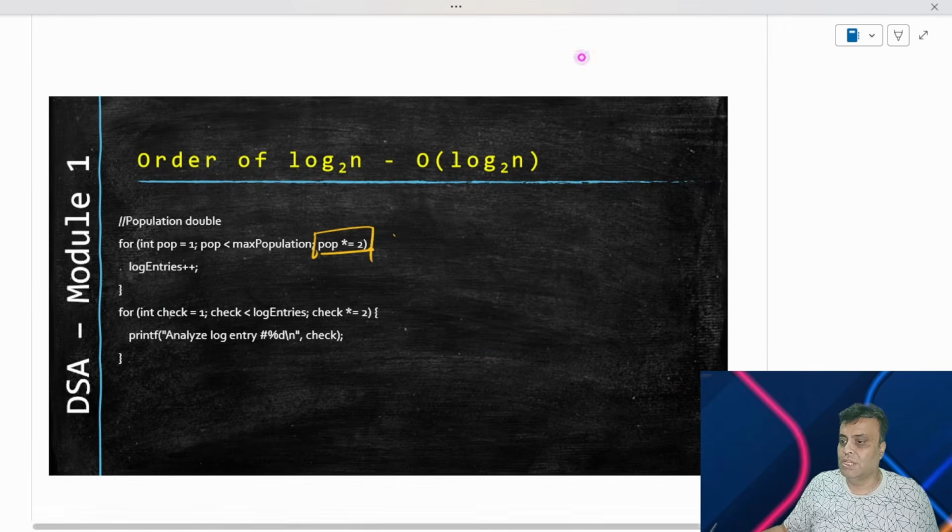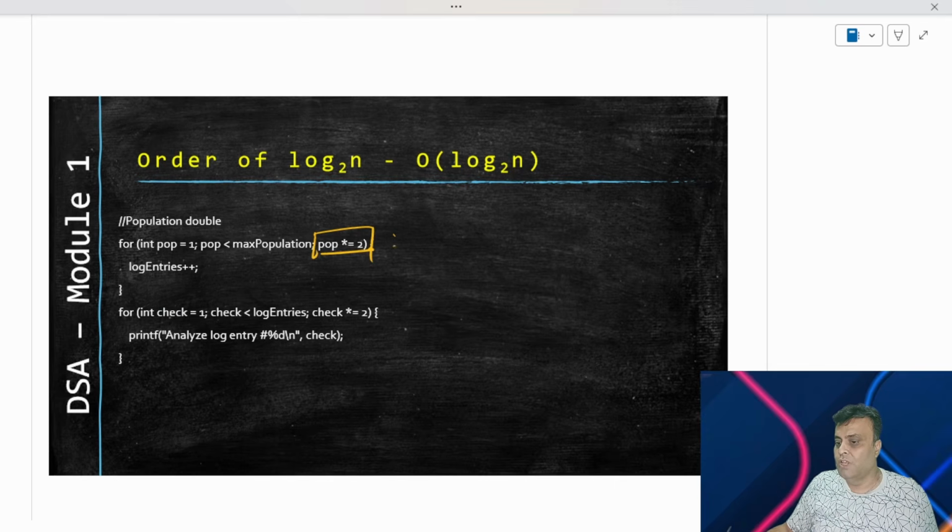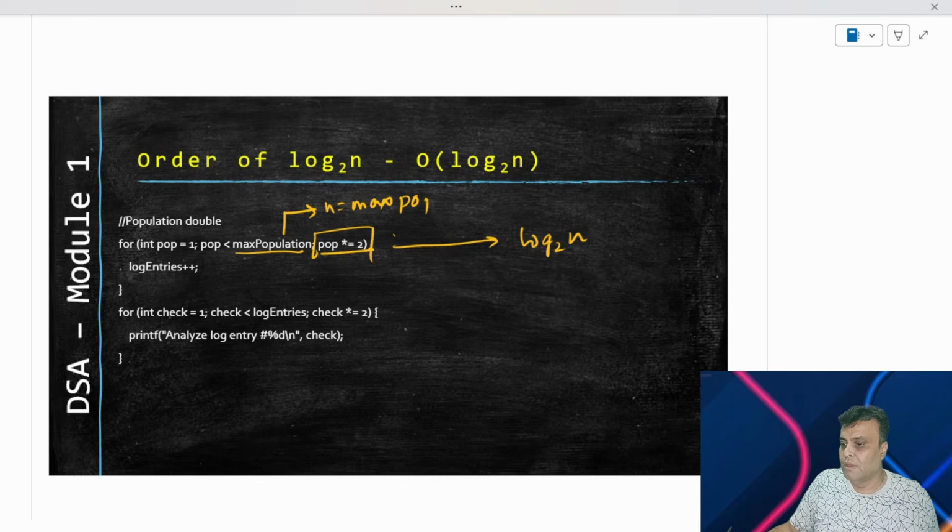So can I therefore say that this particular loop will have a complexity of log base 2 of n? What is n here? n is your max population. So I'm assuming my max population is equal to n. So can I therefore say, because it is star equal to 2, that this particular entry executes itself for log base 2 of n.